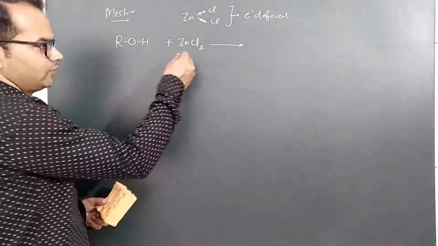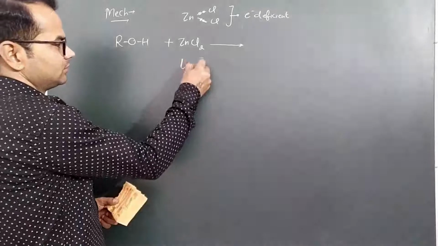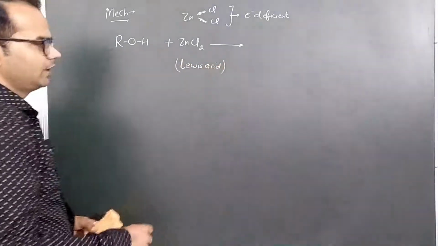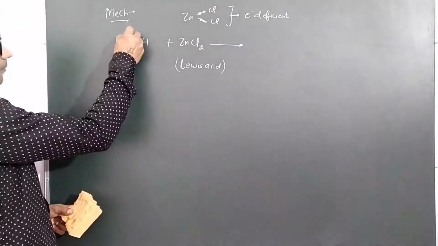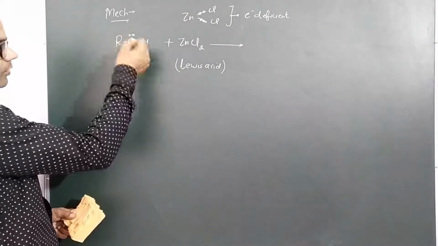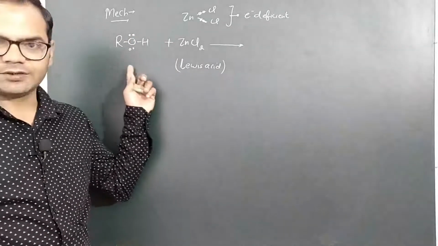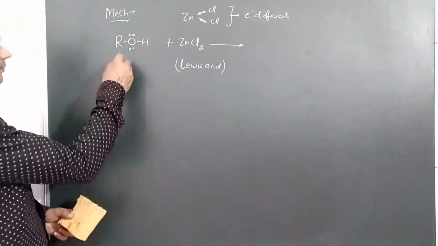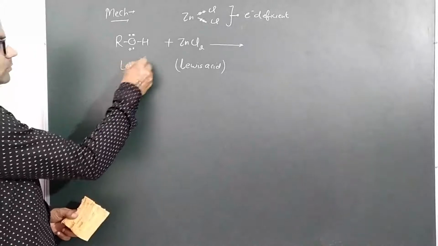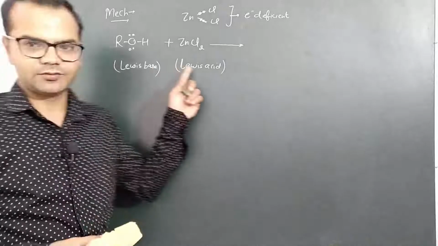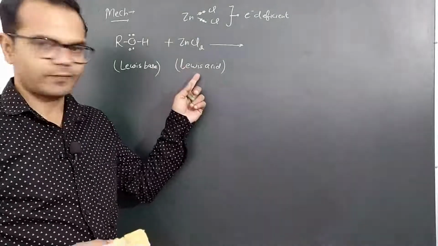So the role of zinc chloride here is that it acts as a Lewis acid, and we have lone pairs on the oxygen atom. So this is an electron rich compound, meaning it is a Lewis base, and zinc chloride is an electron deficient compound, it acts as a Lewis acid.